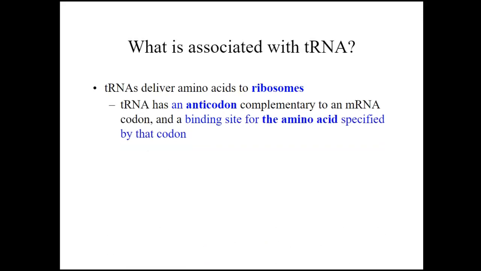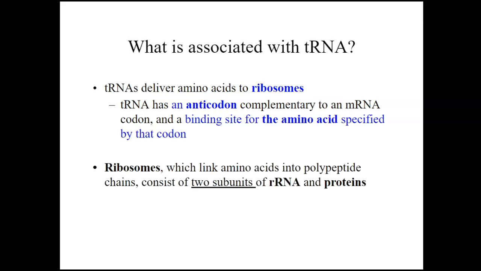So transfer RNA has an anticodon, a complementary 3 nucleotide sequence that is the complement to the mRNA codon. And they have a specific binding site to attach that specific amino acid to them and taxi them in to the ribosome.